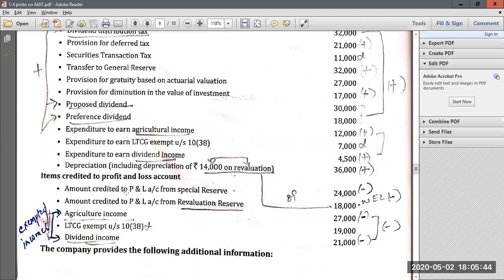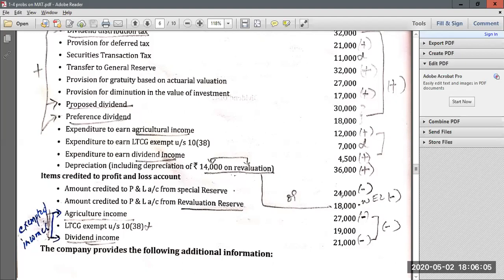They have given the amount credited to P&L account from special reserve. If they have any items withdrawn from any reserve apart from revaluation reserve, such amounts can be deducted from net profit. Amount credited to P&L account from special reserve means they are withdrawing a certain amount from special reserve.